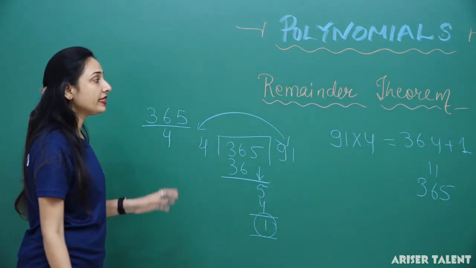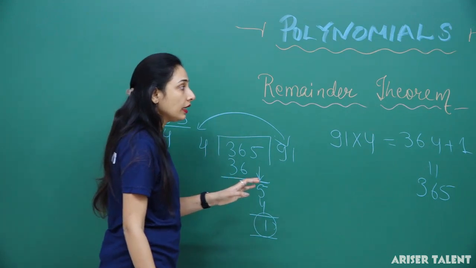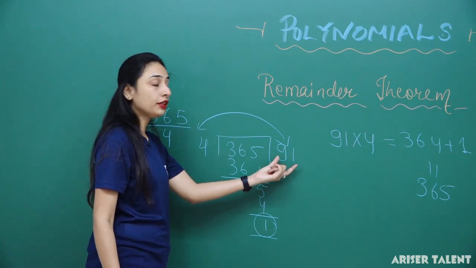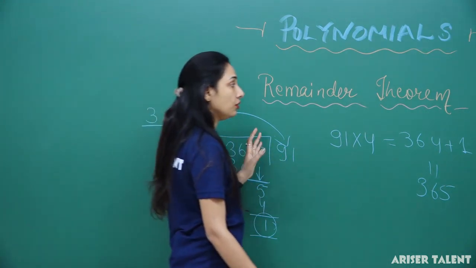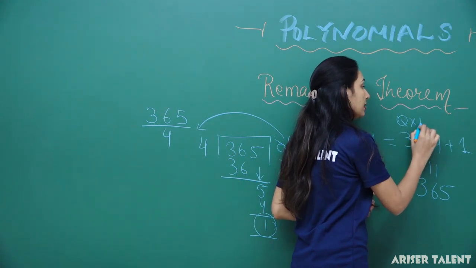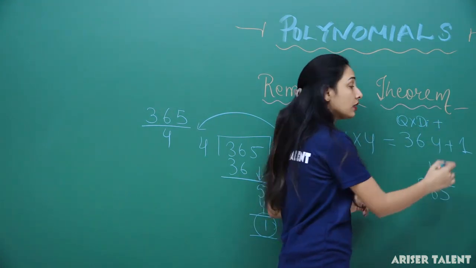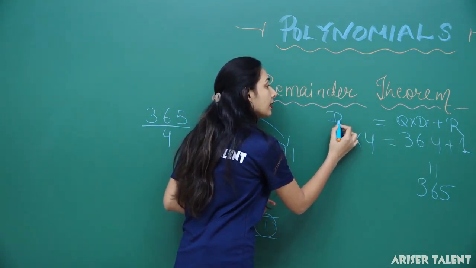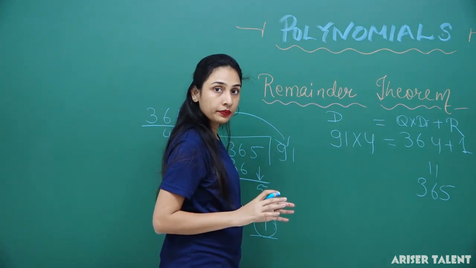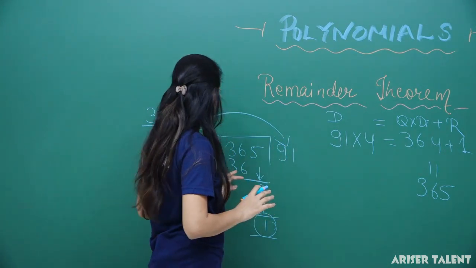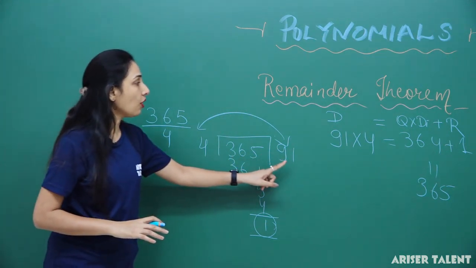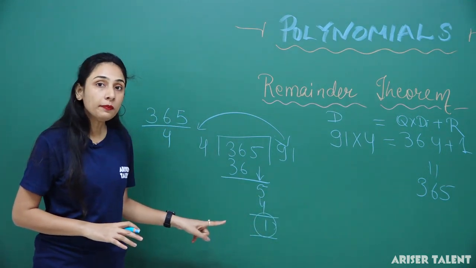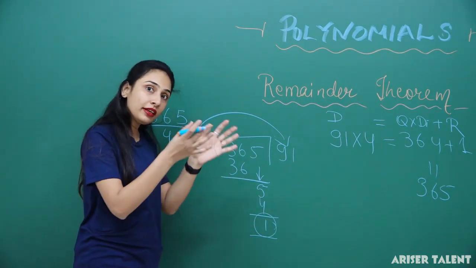365. So basically what I have done is I have multiplied this quotient to this divisor and added the remainder in that, then I have got the dividend. Okay, clear about this? That means the multiplication of divisor and quotient, with the addition of this remainder, will give you nothing but your dividend.